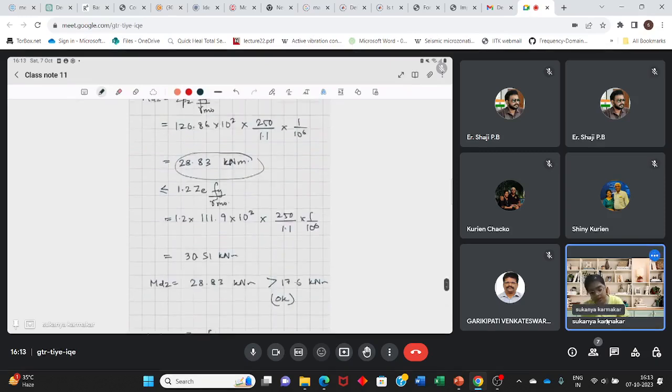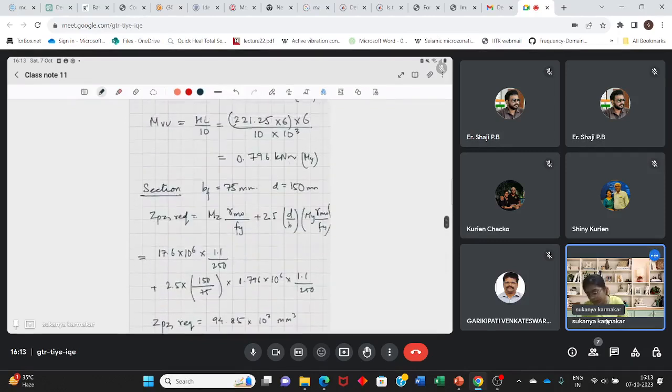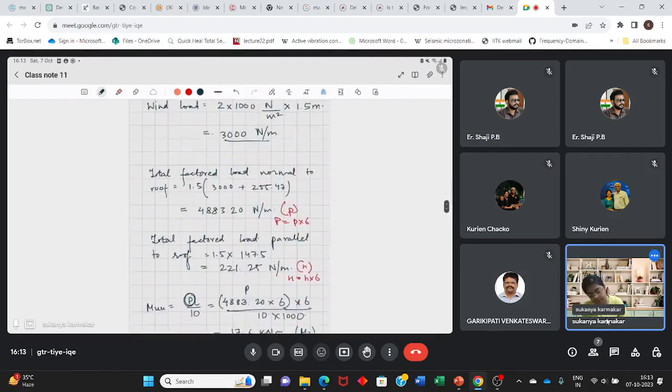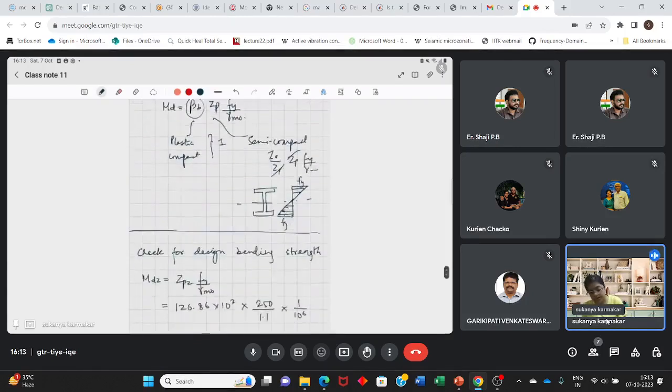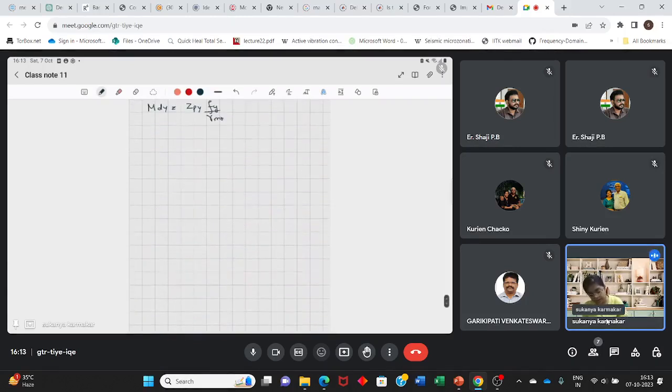Now I don't have the Zpy for this section. Do I have it? No. Why don't I have it? Because the value is not given. You will have to calculate it. So let's calculate the Zpy for this I section.